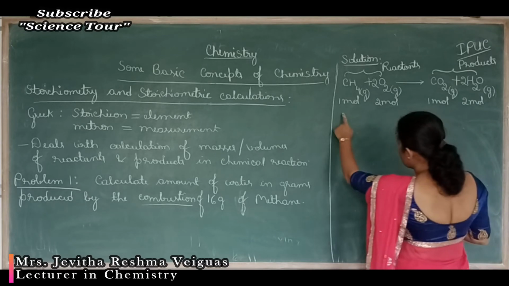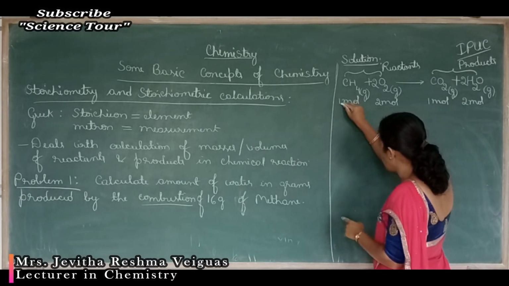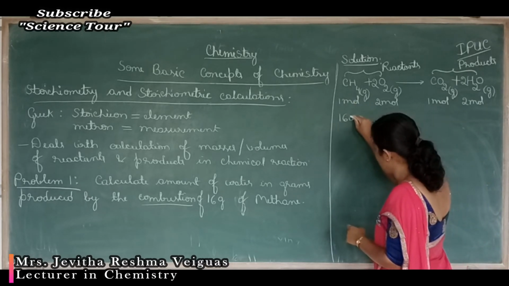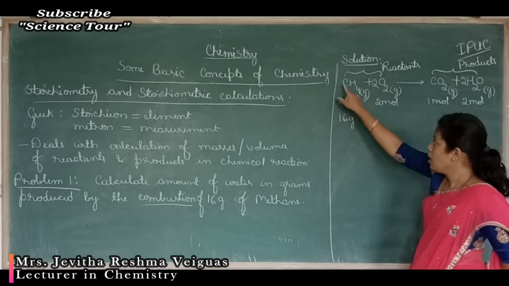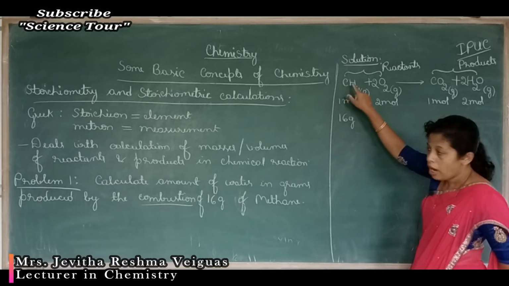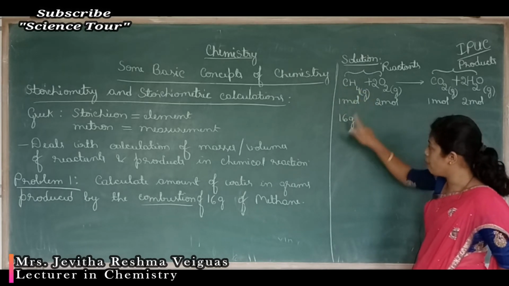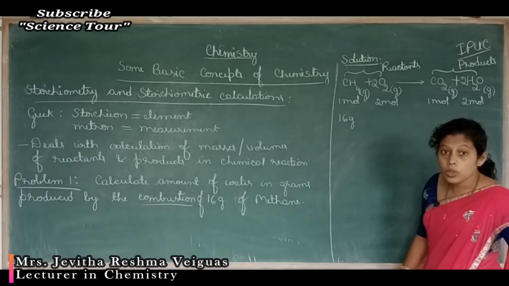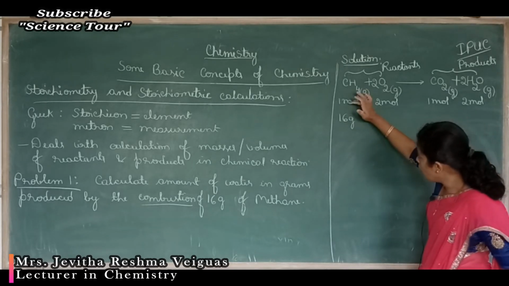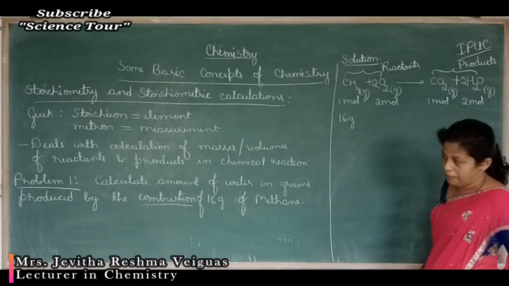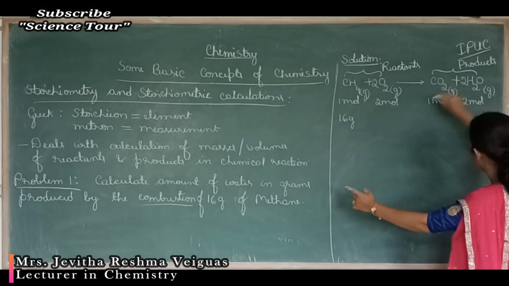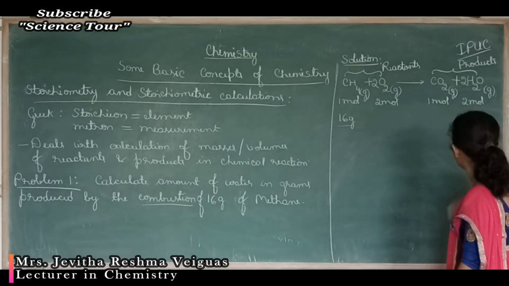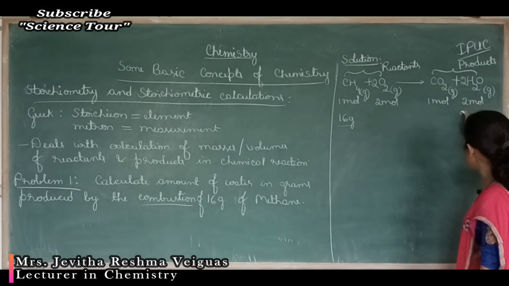Mass of methane, 1 mole mass is 16 gram. 16 gram is the molecular mass of methane. Carbon atomic mass 12, hydrogen 4 into 1, 12 plus 4 is 16, which is the molecular mass of methane. So 1 mole of methane equals 16 gram. 1 mole methane, that is 16 gram methane, produces 2 mole water. 2 mole water means 2 into 18 grams water.